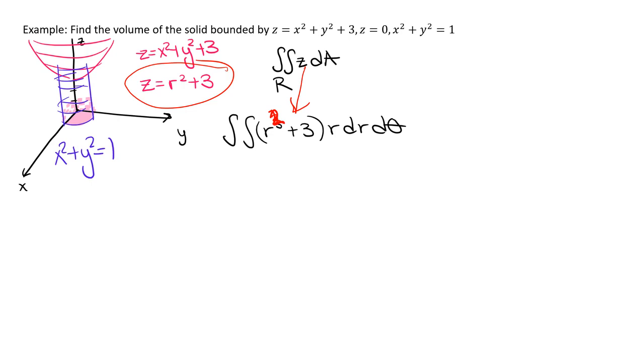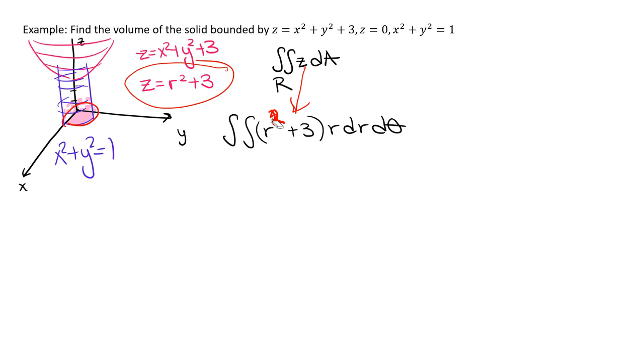And then my bounds of integration are going to come from that projection in the xy plane, that circle. So we're integrating it over this circle. Bear with me, I'm going to write on here because I think I made my mistake through all of this problem.